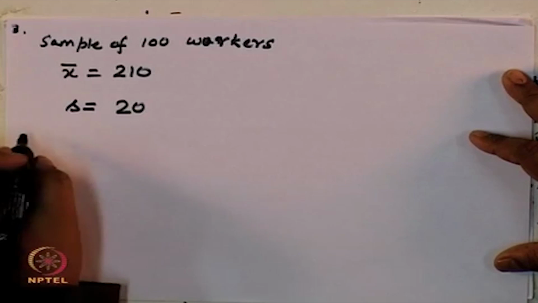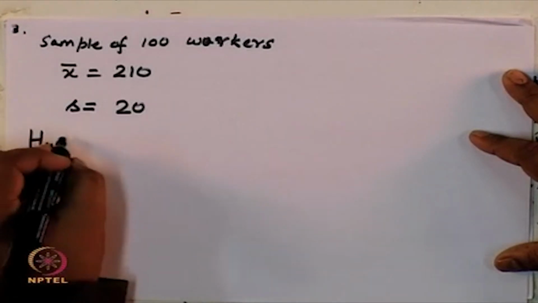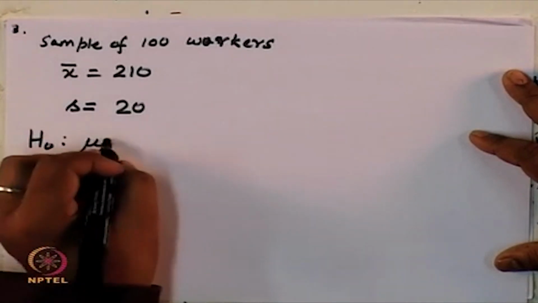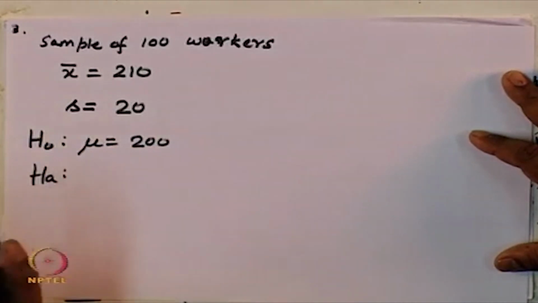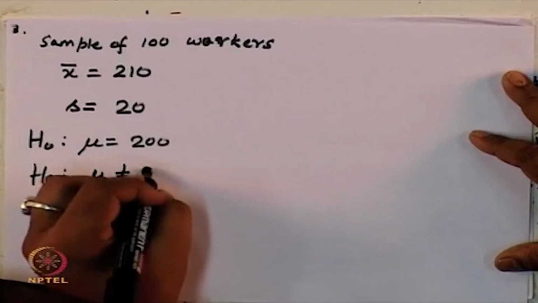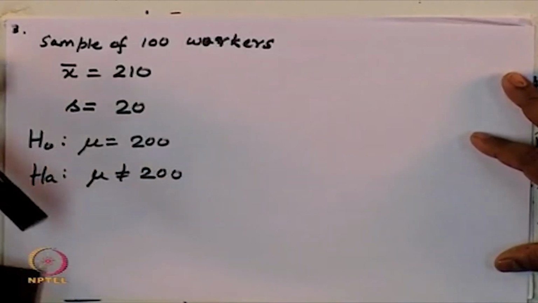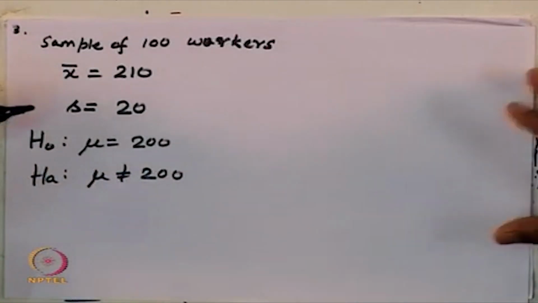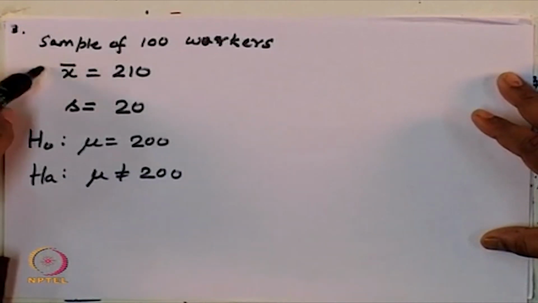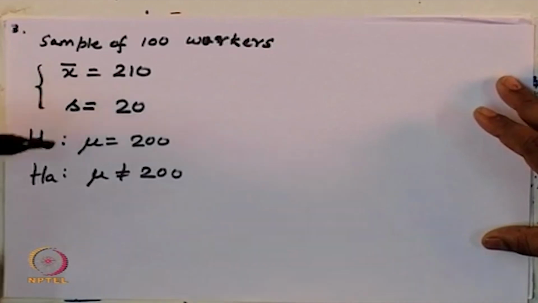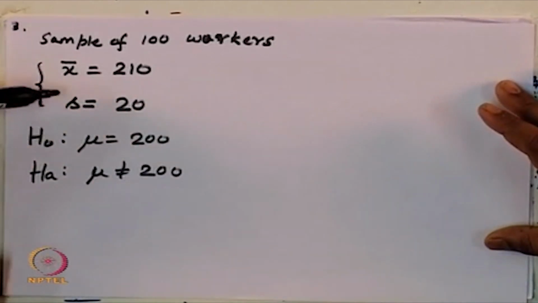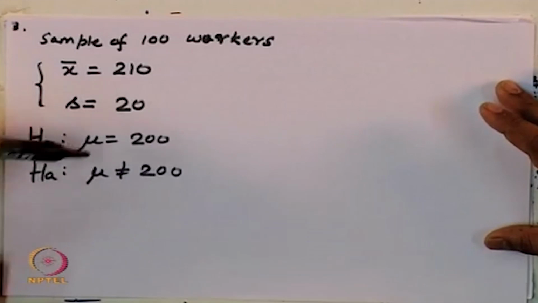So, as before, let me rewrite the H naught. H naught is mu equal to 200, H A is mu not equal to 200. So, how do I draw a conclusion whether this statistic is drastically different, and the mean obtained from this statistic is different from this?